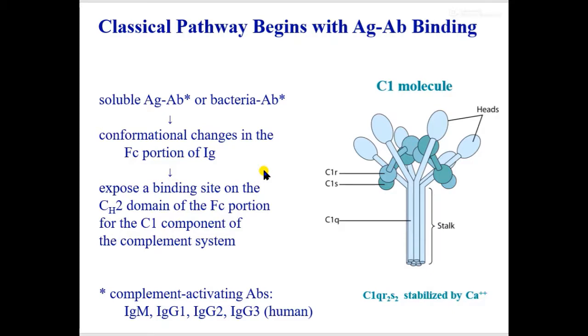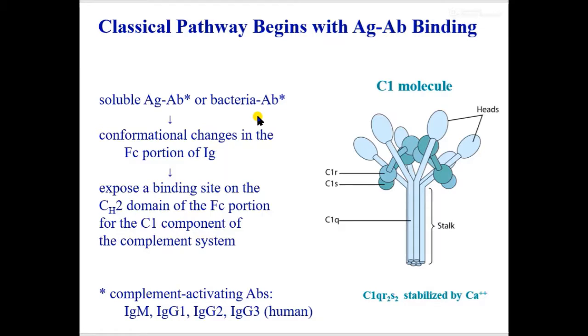Do remember, the complement is not a single protein. Multiple proteins which are found in the inactive form will get converted into the active form when the complements are activated.